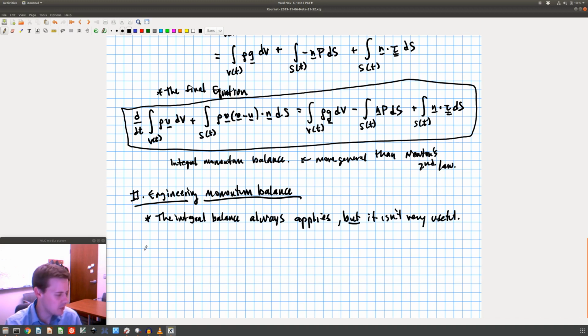Instead, what we want to do is pick a smart control volume that allows us to make this a lot simpler.